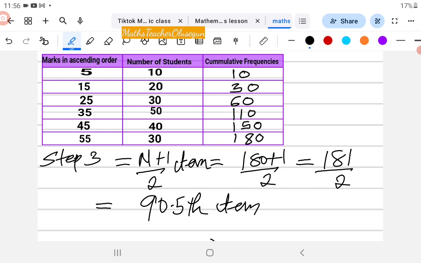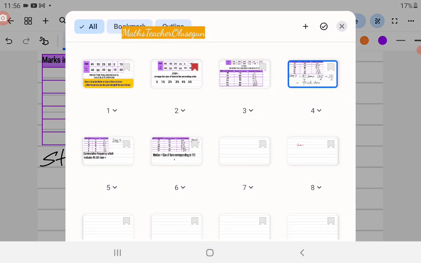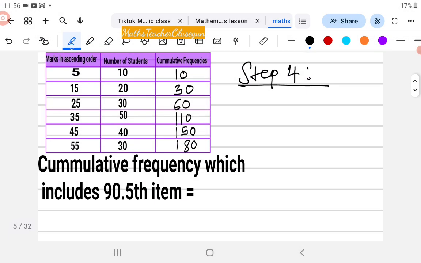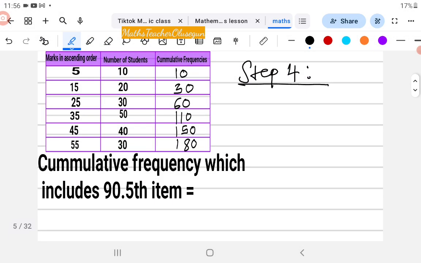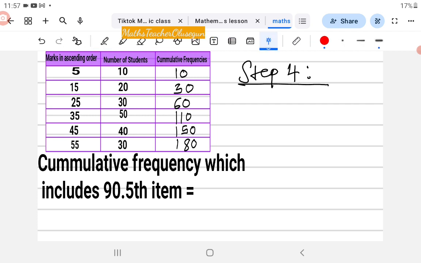So let's go to step 4. Step 4 says to find the cumulative frequency which includes 90.5. How do you want to know that? Remember, this 90.5 cannot be in 10, it cannot be in 30, it cannot be in 60.